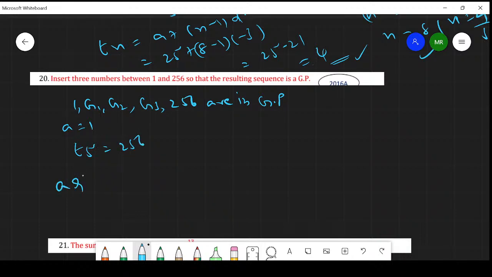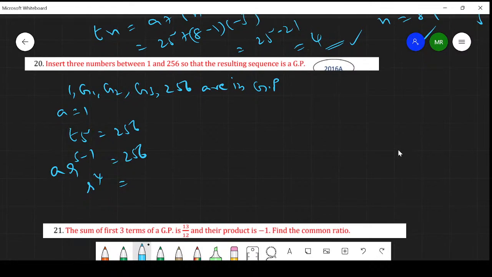T5 means A into R power 5 minus 1, equal to 256. But we know A is equal to 1. So R power 4 is equal to 256.